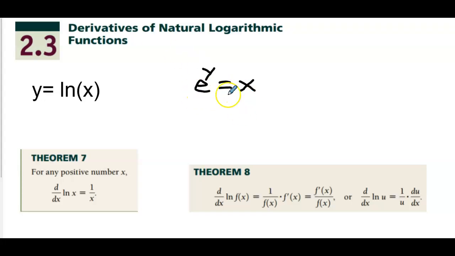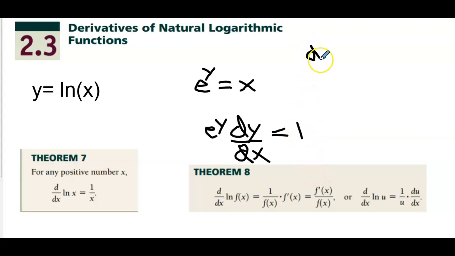To get this derivative, we're going to differentiate both sides of the equation with respect to x. The derivative of e to the y with respect to x is e to the y dy dx, and that's an application of the chain rule. The derivative of the right side, x with respect to x, is just 1.